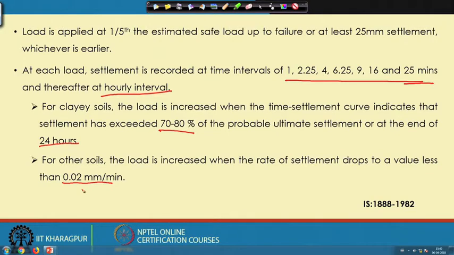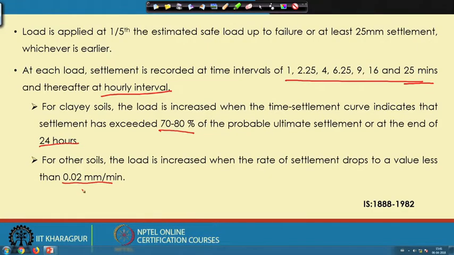So, in case of clay, first for a particular load that we apply on the plate, you have to calculate what would be the probable settlement for that load. You have to calculate it by using the previous expressions that I have given, the immediate settlement, and for that load what will be the consolidation settlement. Then you will get the maximum probable ultimate settlement for that particular load.